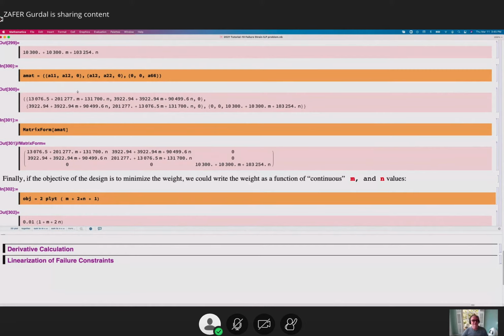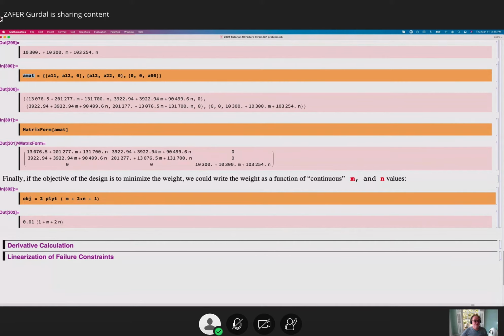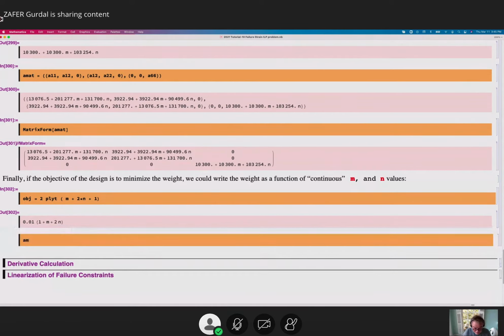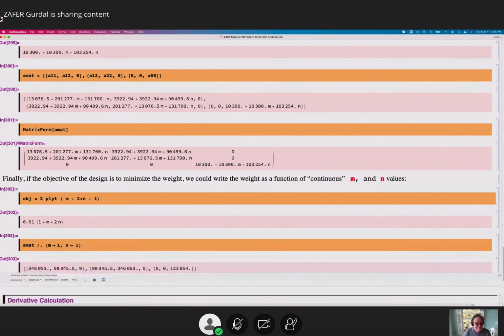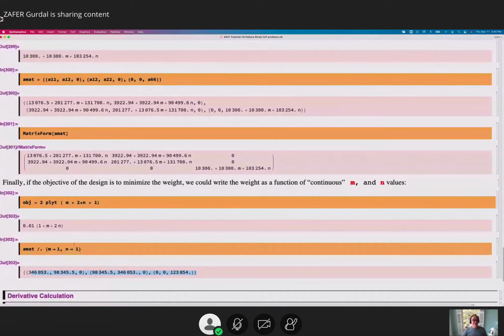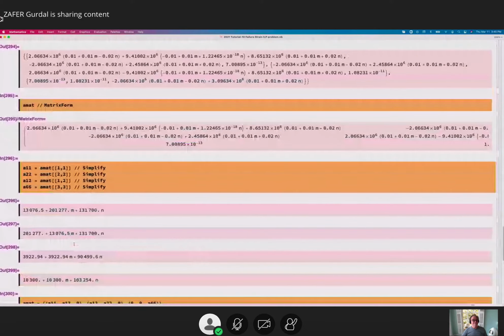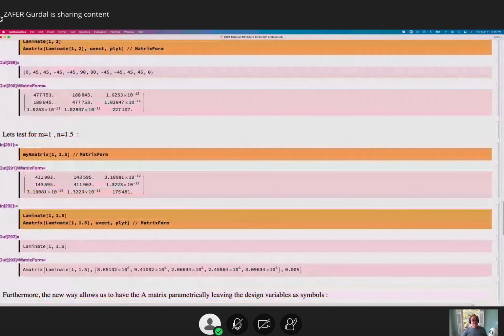All we did so far is we showed that we can get the A matrix. Of course, if I want to do A matrix evaluated at m goes to, say, 1 and n goes to 1, I get the A matrix for m equals 1 and n equals 1, which we already found up here.